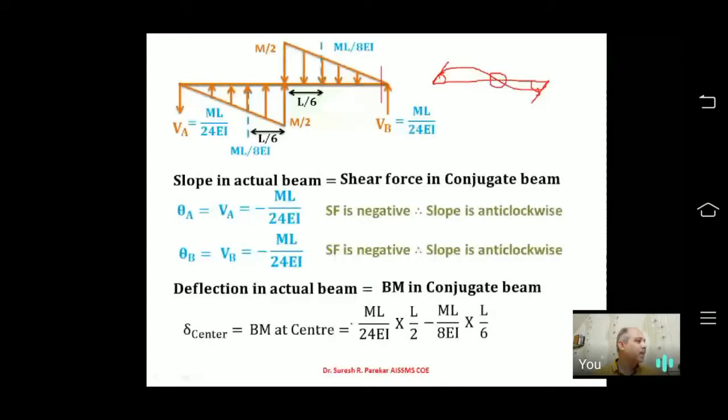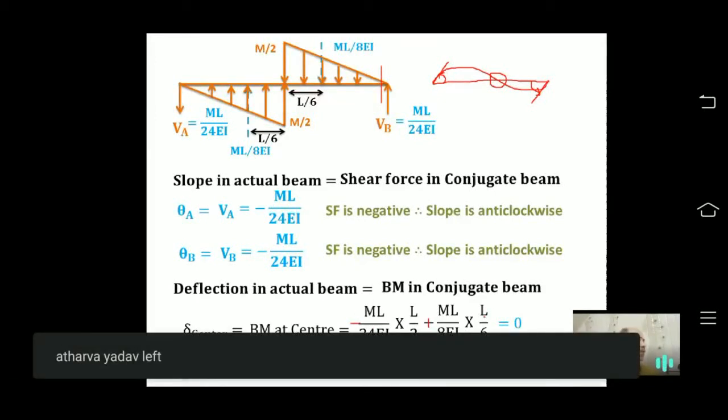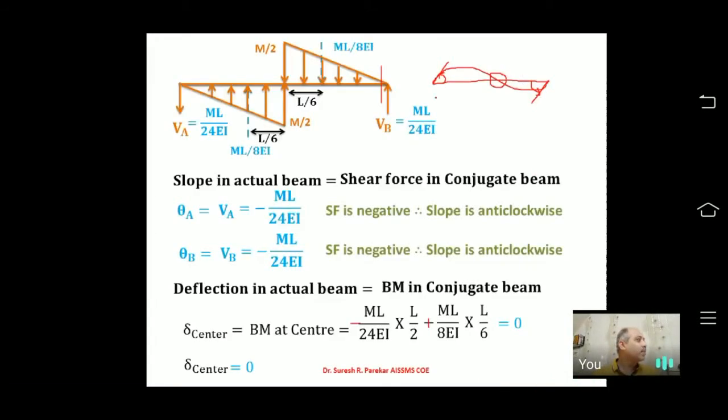So this value is minus if I consider anti-clockwise, and this will be plus. Then I will get this value equal to 0, because 24 twos are 48 and 8 sixes are 48, so the numerator is the same. And we are going to get delta at center equal to 0. And this will be my deflection of the beam.